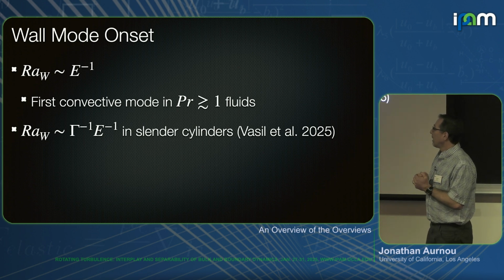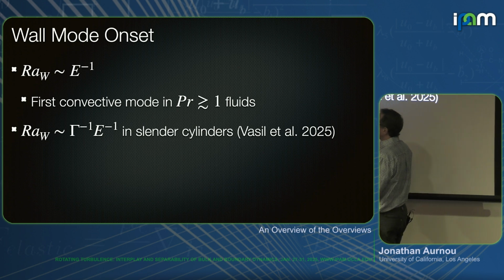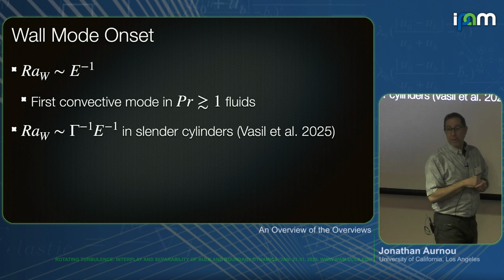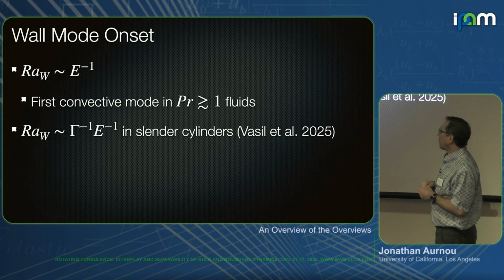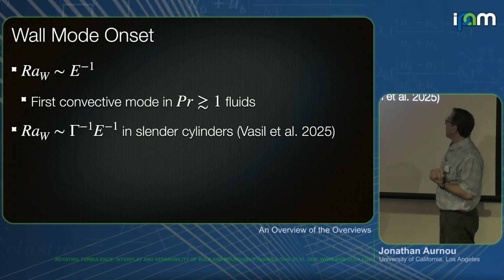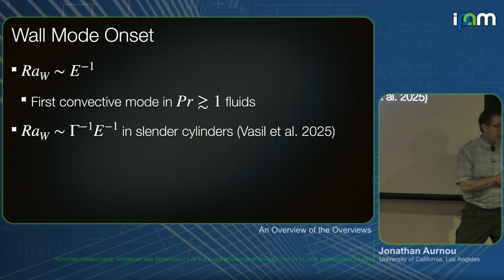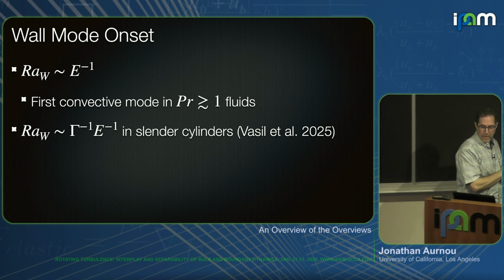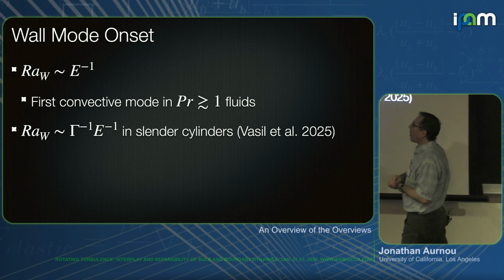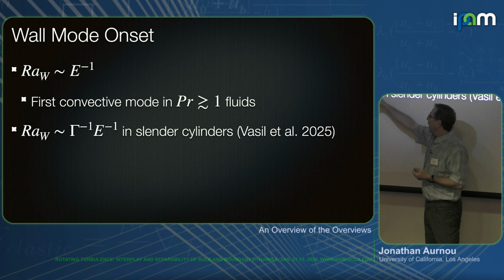Same thing. So then we probably are going to go to low aspect ratio as we try to do more and more extreme experiments. And so if you look at the wall mode onset, and this is mapped out in Jeff Vassel's new paper, I think still in review, this goes as 1 over the aspect ratio, and again, 1 over Ekman.